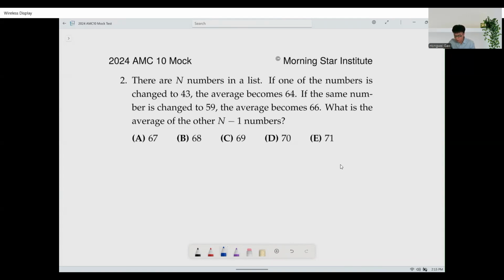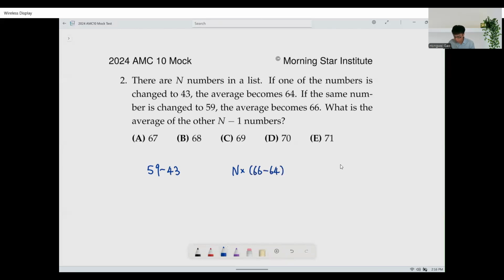On one hand, it's changed from 43 to 59, so the change is 59 minus 43. On the other hand, the change of the sum is the number of numbers n times the change of their average. Their average changes from 64 to 66, so it's changed by 2.